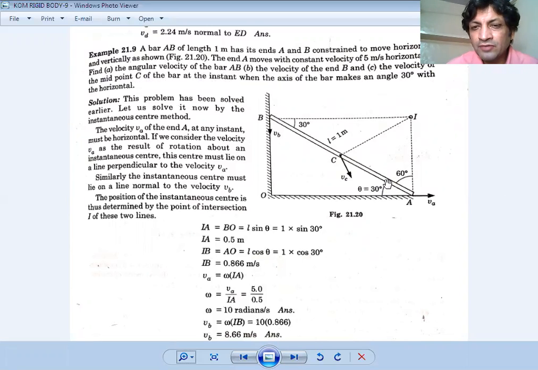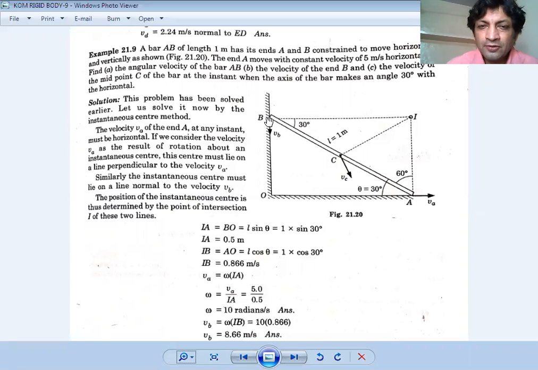So we have to calculate the instantaneous center of this bar at this instant only, when theta is equal to 30°. Okay, so let us begin with the problem. To solve the problem, first of all, as we are seeing, the velocity VA is horizontal, so we will draw a perpendicular at the tail of the velocity VA and produce it in the upward direction.